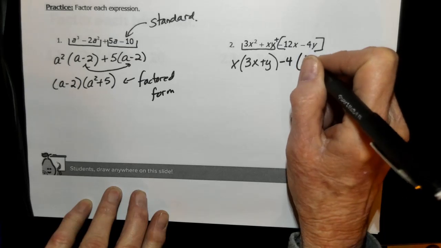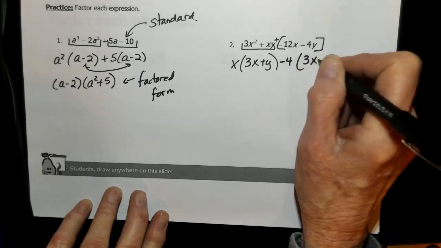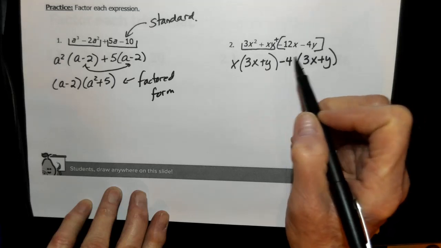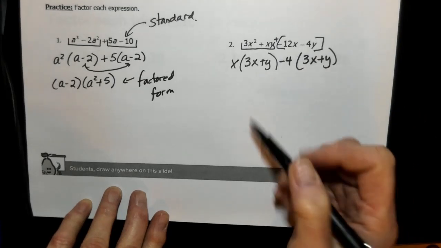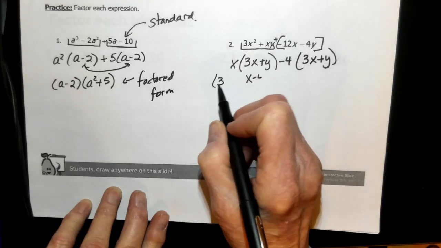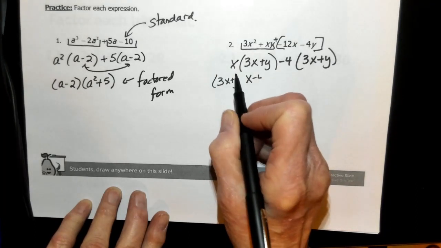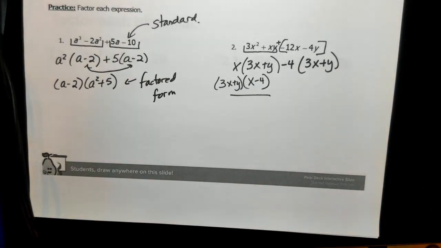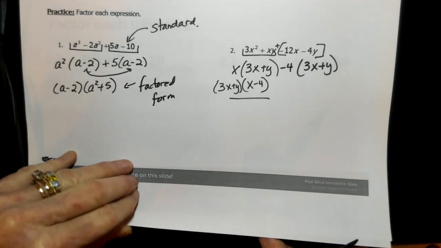And then when you're done, you're left with 3x plus y. You can tell because negative 4 times 3 is negative 12. Then we have 3x plus y times x minus 4. I have factored it. I made 4 terms into the product of 2 binomials.